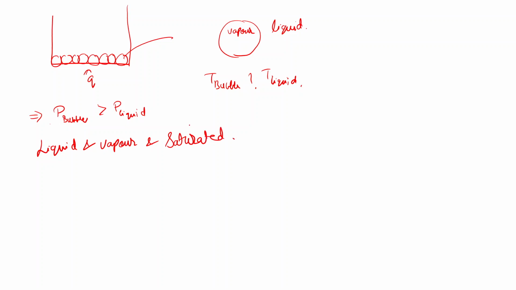Since both the liquid and vapor are saturated, we can write the correlation between the saturation temperature and pressure by the Antoine equation. We write it as log P = A - B/(C + T), where T and P correspond to the saturation temperature.